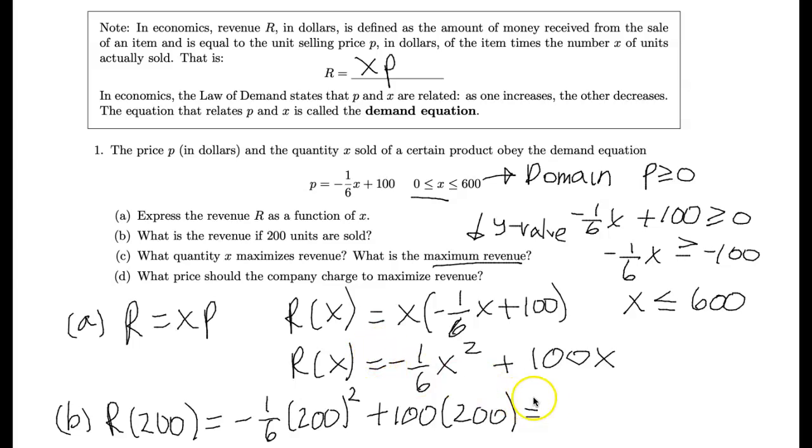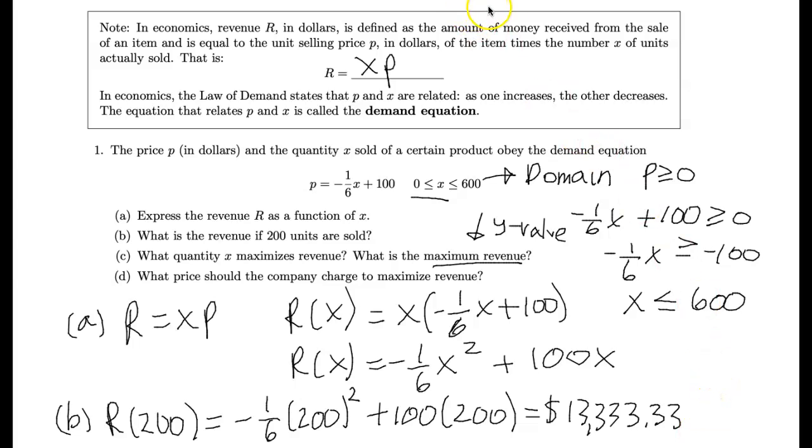It's going to end up being 1330. We should end up getting this, so definitely make sure you hit pause for a quick sec to crunch the numbers to confirm you get this for your revenue.